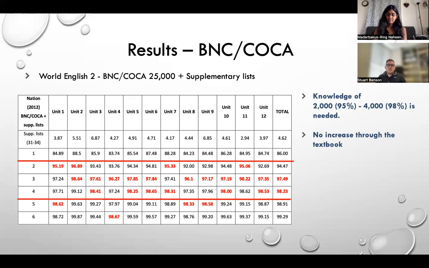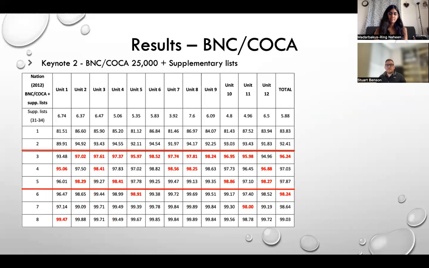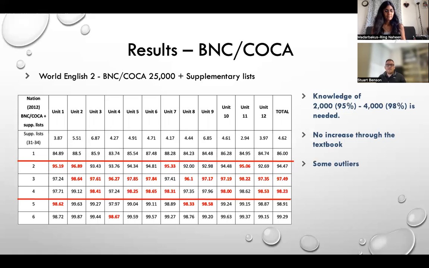As you can see from the table as well, there was no increase through the textbooks. Actually, you can see most of them reached the 2,000 word level, but it's all over the place. There were some outliers as well. As you can see in Unit 1, for example, to reach 98%, it was 5,000 words. Students need to know 5,000 words.